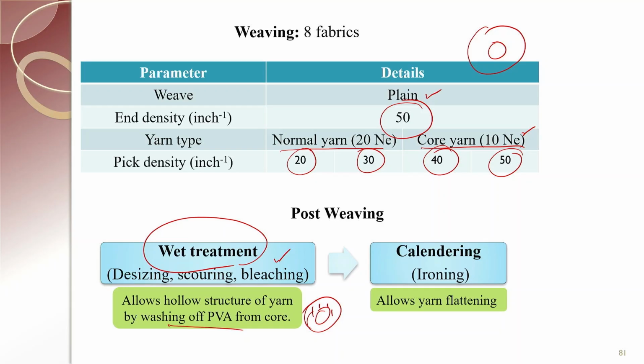And after the wet treatment the fabrics were calendared, which allows the further flattening of the yarns. For normal yarn the flattening will be less and for core yarn flattening will be high.